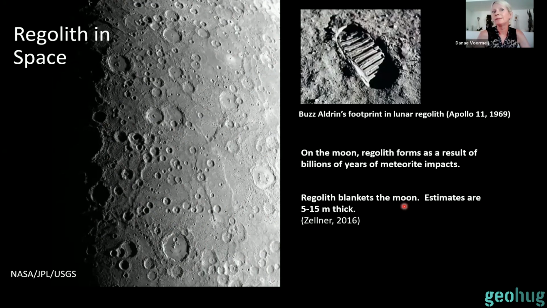Let's look at regolith in space. On the moon, regolith forms as a result of billions of years of meteorite impacts. And the very first famous footstep on the moon was done in lunar regolith. The regolith blankets the moon, and estimates are about 5 to 15 meters in thickness.